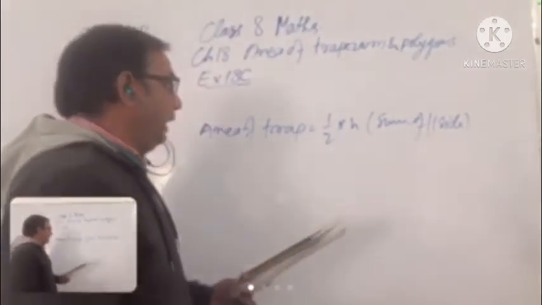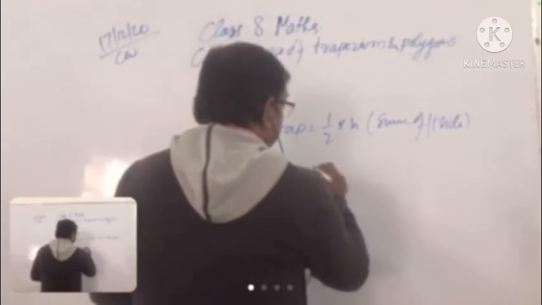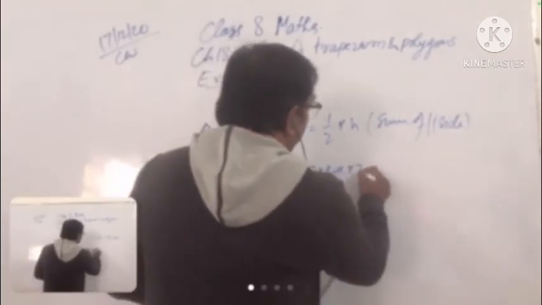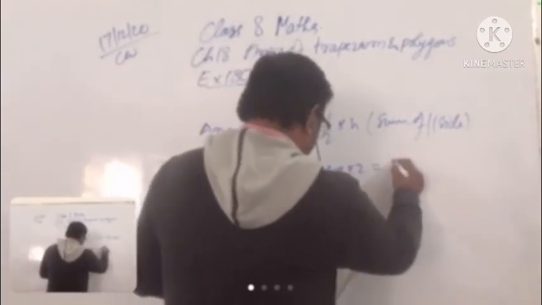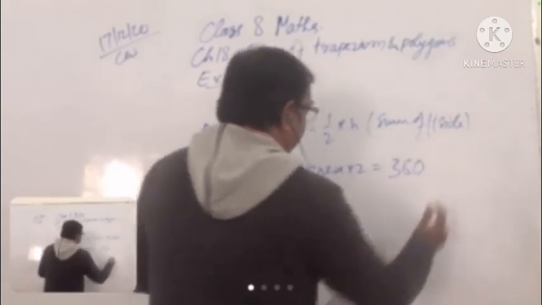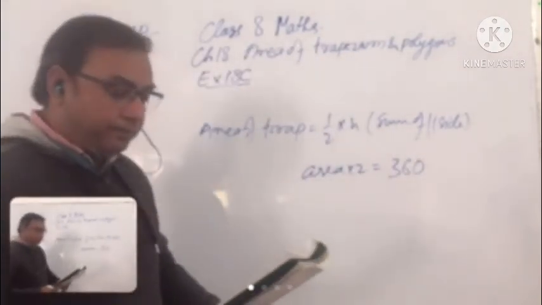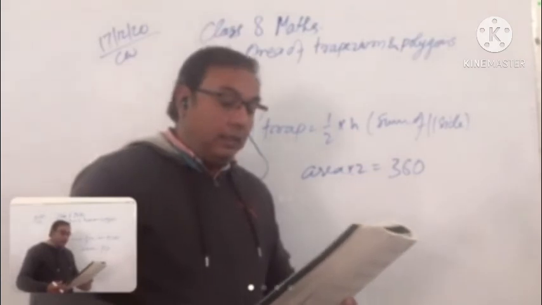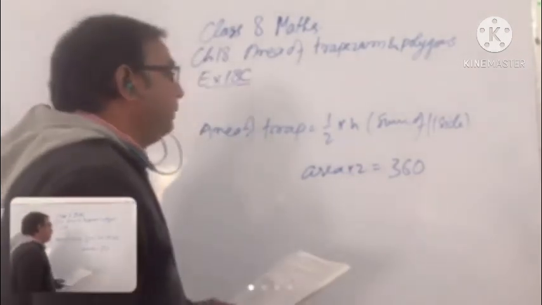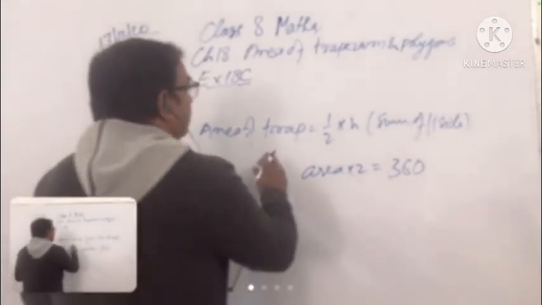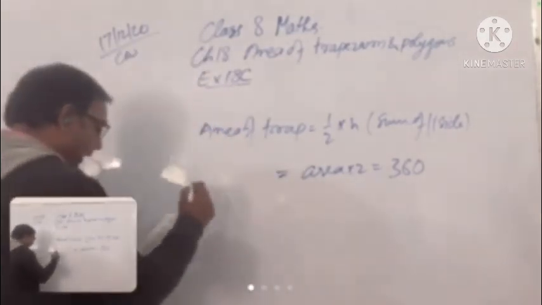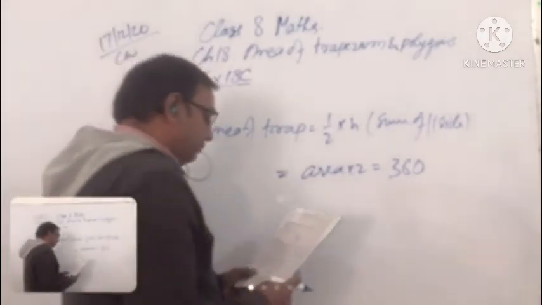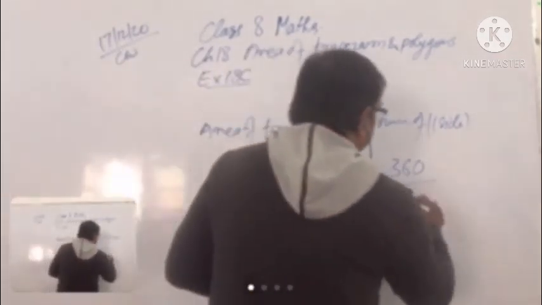Now the total area means area multiplied by 2 is equal to 360. Okay. Now tell me the total of this, what is the height now? Please tell me the height is 9.